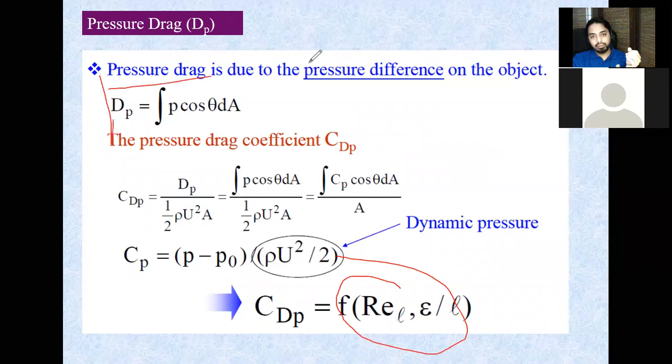So from this equation, since we don't know the pressure distribution, we can sum up into CDP, actually this one is CDP, not only CP but CDP. So that is the drag coefficient due to the pressure difference.